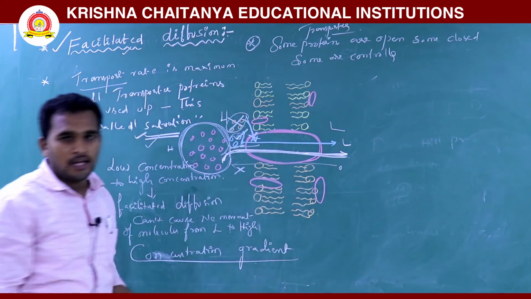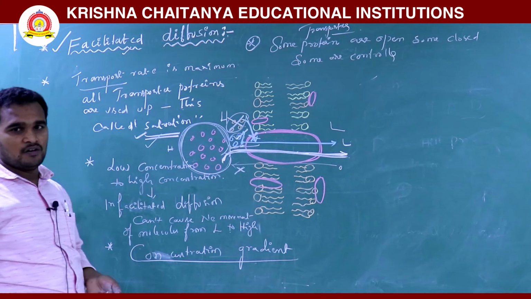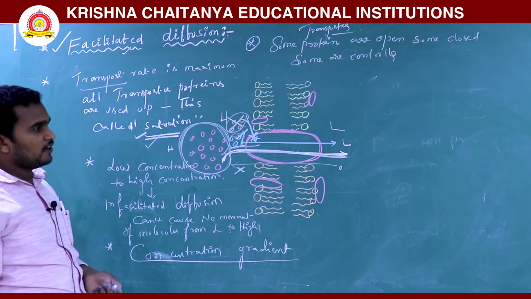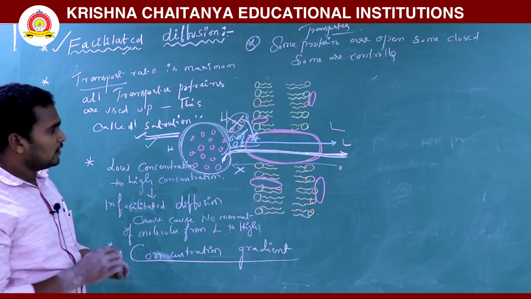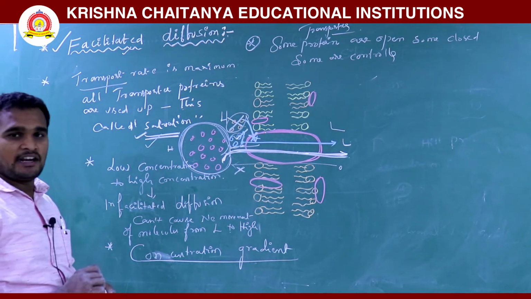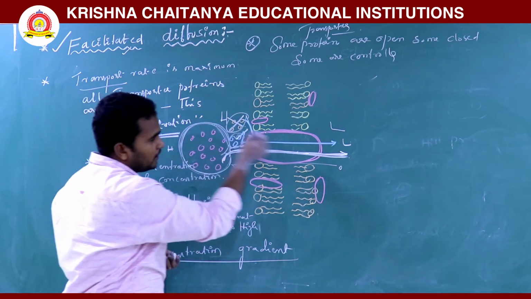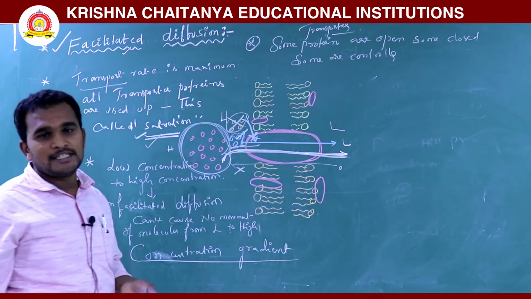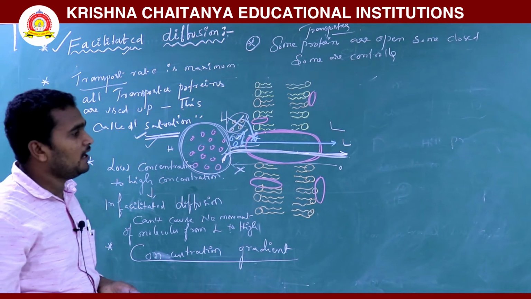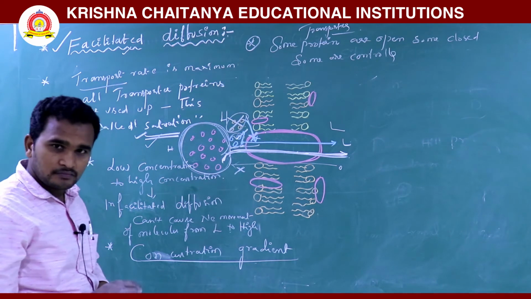So this is also facilitated diffusion. Here also it is a downhill process, and no energy is required. Why? Because it moves from high concentration to low concentration, that's why it is called a downhill process. It is a passive movement, it does not require any energy.